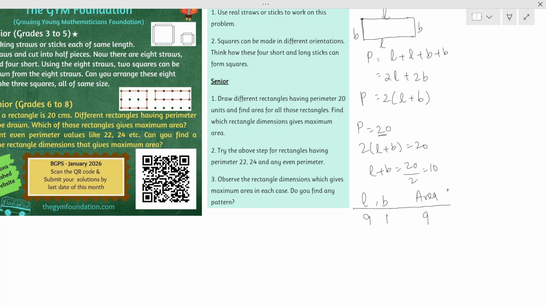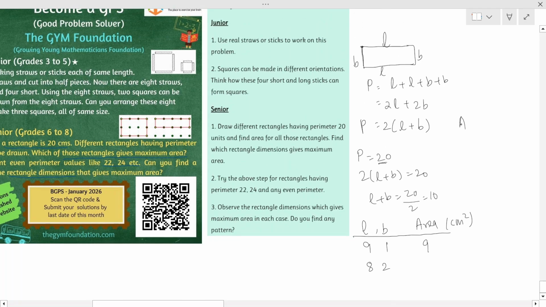It will be 9, in terms of units, square units. And then any other ones? Yes, 8 and 2, that is also 10. And then the area would be, the area of a rectangle is length times breadth, right? So you just need to multiply and see how many unit squares there are.